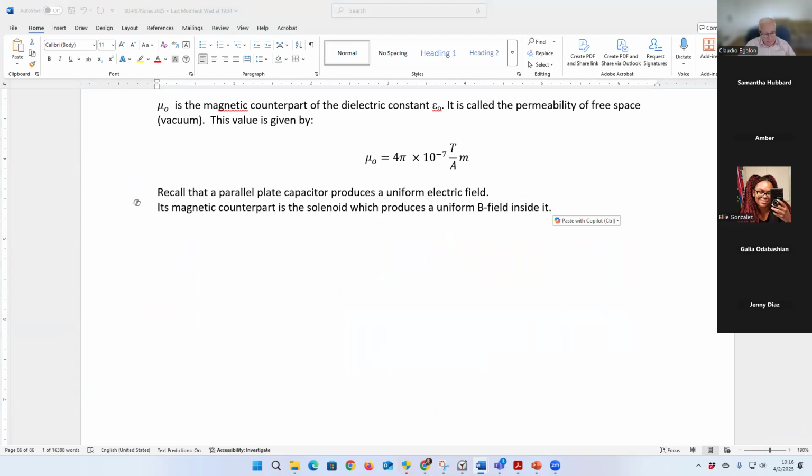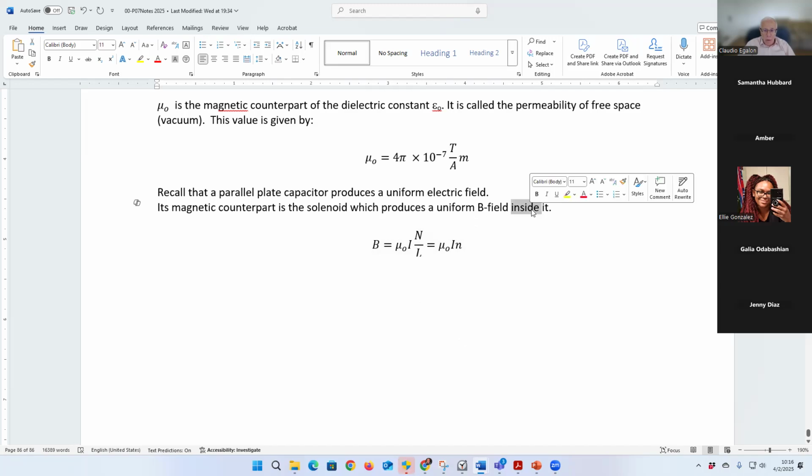The electric field of a parallel plate capacitor is uniform, and the magnetic field of a solenoid is also going to be uniform, as I mentioned to you before. But don't forget, it's only inside the solenoid that it is uniform.